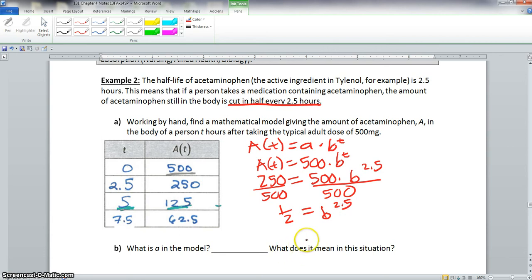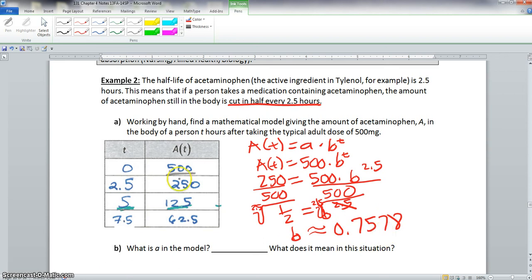Now, all we have to do is take the 2.5 root of both sides, and these will simplify out. The 2.5 root of 1/2 will give us B is approximately 0.7578. We're around the 4 decimal places.